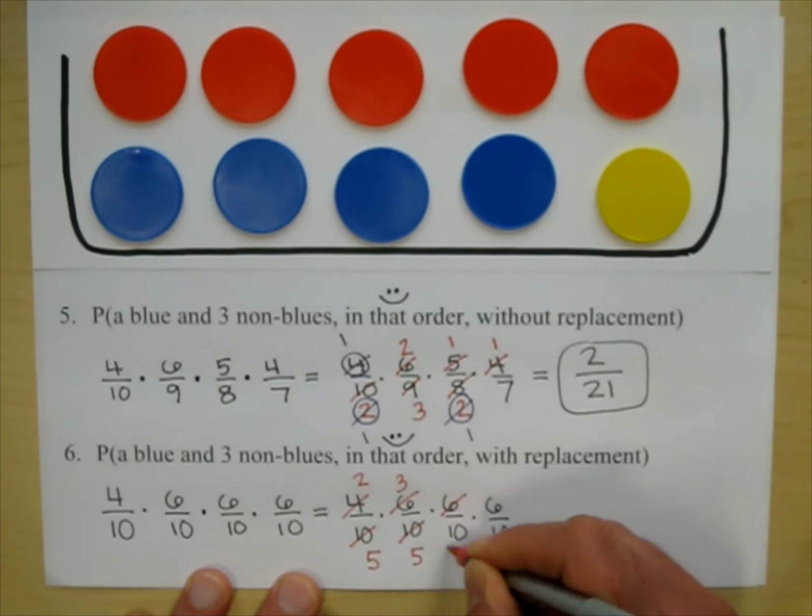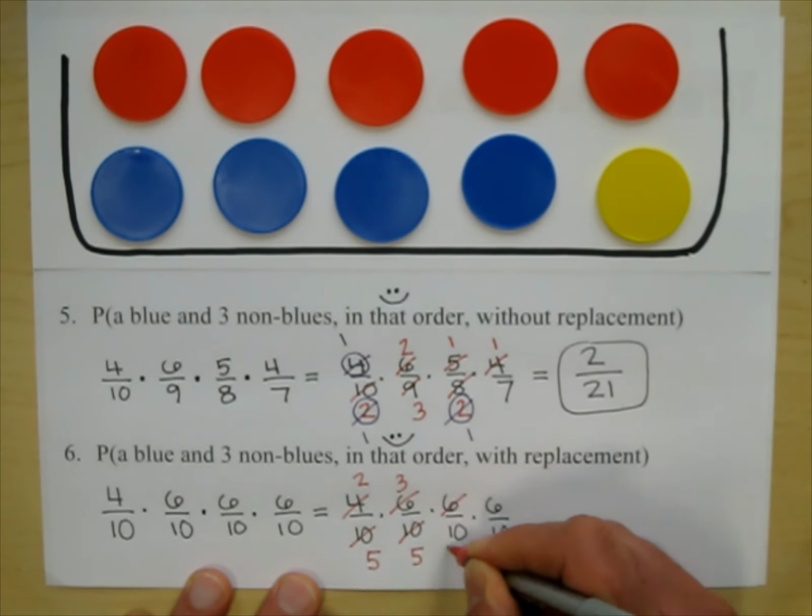When you are doing a problem where you're just pulling out the same colors, then it doesn't matter if you take the not necessarily in that order approach or the in that order approach. Because the in that order approach is simpler, I will always take that approach when I'm pulling out the same color. So we'll do some more examples on this.